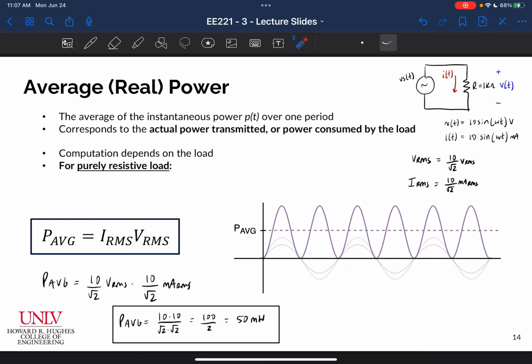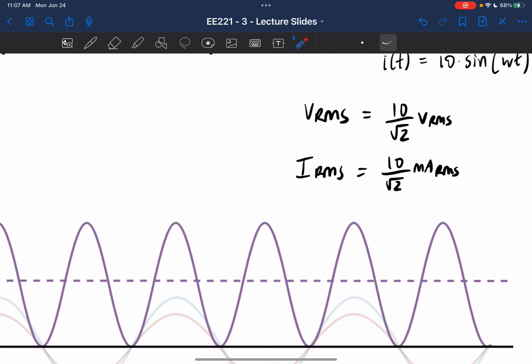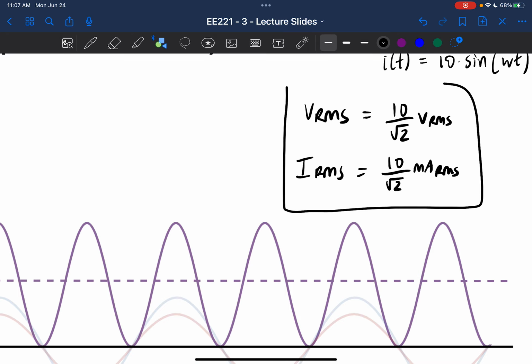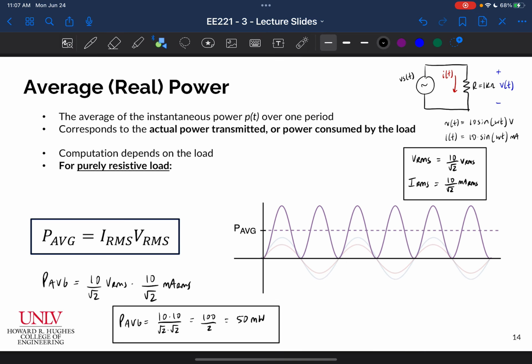I'm going to get to the point where, what if the load is not purely resistive, and we're going to show what happens, and we're going to show how this formula here is actually just a special case of the general formula. But for the case where the load is purely resistive, you can always use I_RMS times V_RMS, and because we already know how to find the RMS values of sine waves, it's quite trivial to determine the average power using those signals, right? 10 over root 2 times 10 over root 2 is 100 over 2, which gives us 50 milliwatts, okay?